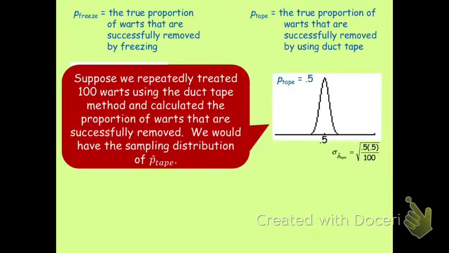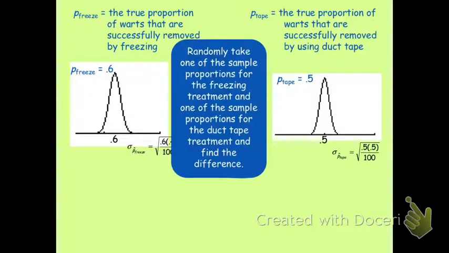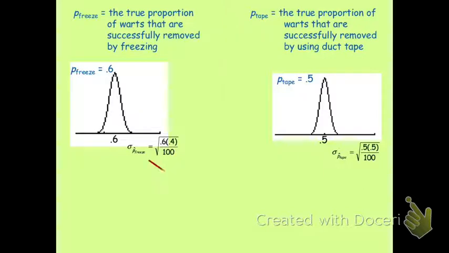Okay, so I did it for freezing and I did it for tape. Wait, you just need P hat 1 minus P hat 2? P1 minus P2, because this is sampling distributions.